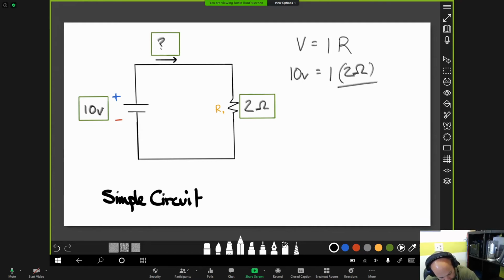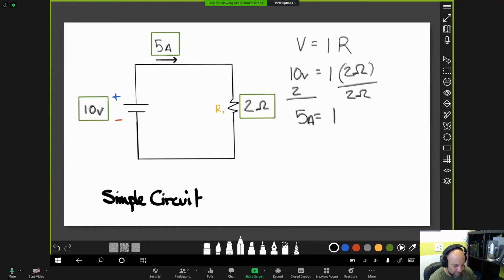We're going to divide 2 from this guy, which means we have to do it on the exact opposite side. So 10 divided by 2, real simple here. We got 5 is equal to I. And when we measure current, we're measuring amps. So the answer is 5 amps. And that's it.